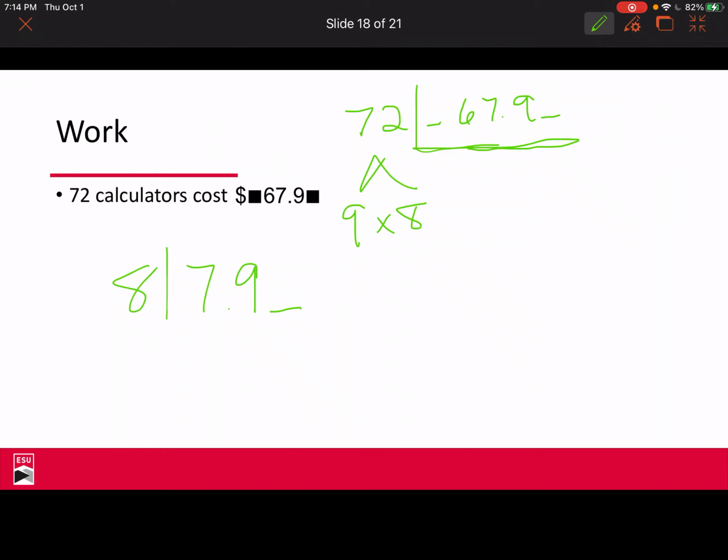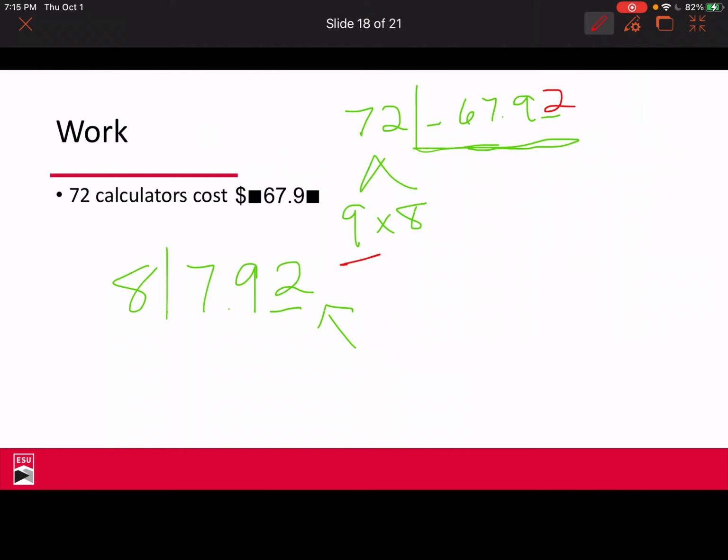Do we even need to check 791? 792 divided by 8 is 99. So we know that last digit has to be 2. Because the next one that would be divisible would be 8 more than that, which would be 800 even. And so we know this last digit is a 2.